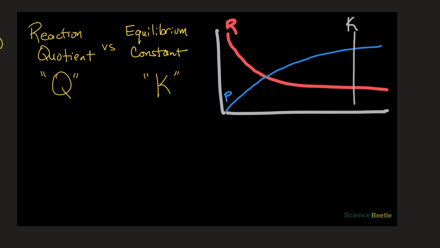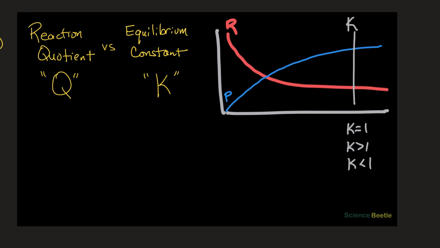Now the K value is important, so if they ever provide that number, remember that there were a couple of items here that we needed to worry about. So K was equal to 1, which is what is observed here at equilibrium, when the concentration of the products and the reactants are equal to one another. Then there were a couple of other options here where K was greater than 1 and where K was less than 1.